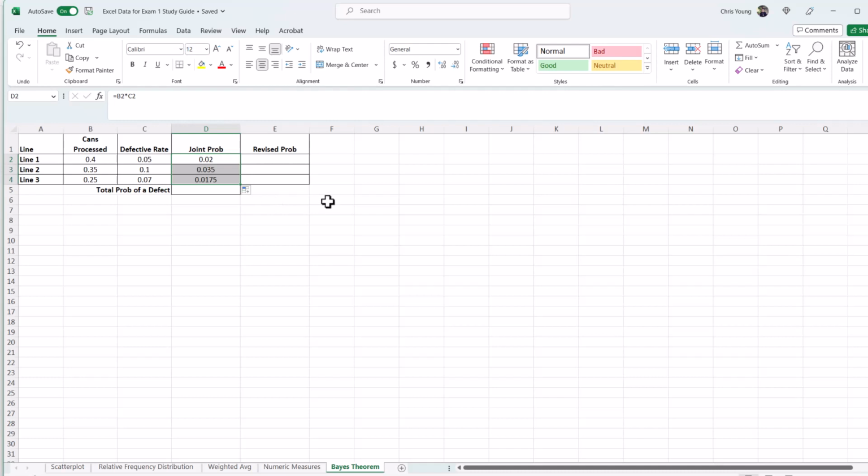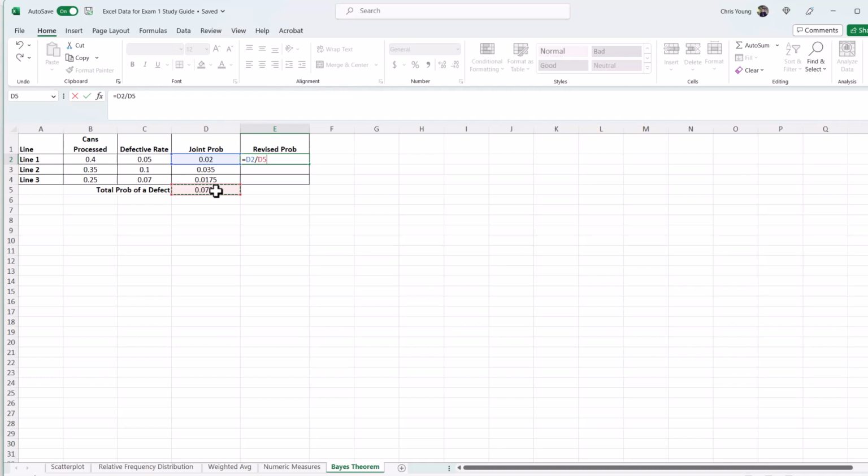Now our revised probabilities is the joint probability divided by the total probability of a defect. So to get the total probability of a defect, we can simply sum up our joint probabilities for each of the 3 lines, and we get 0.0725. So now our revised probabilities is going to be the joint probabilities divided by the total probability of a defect.